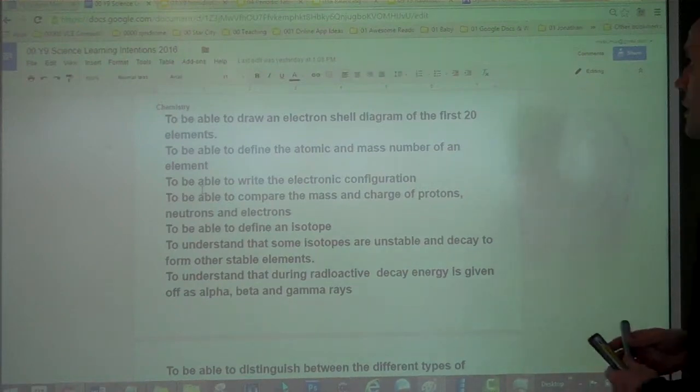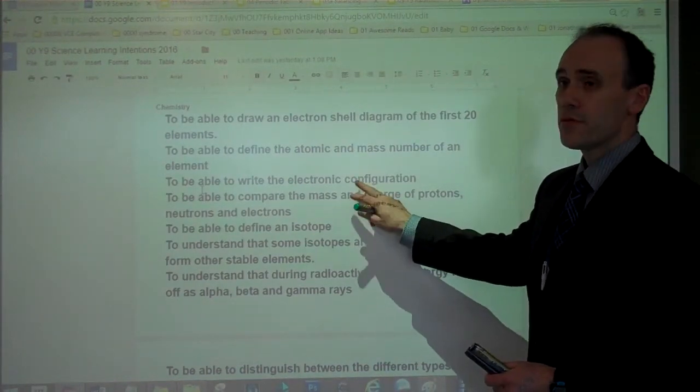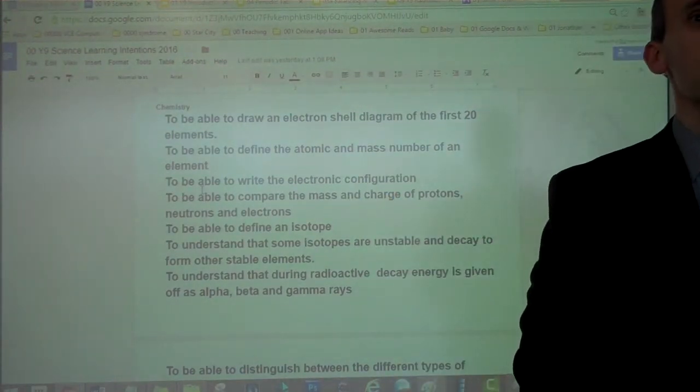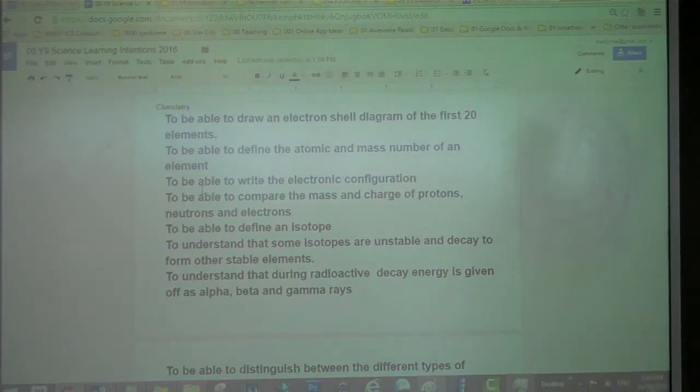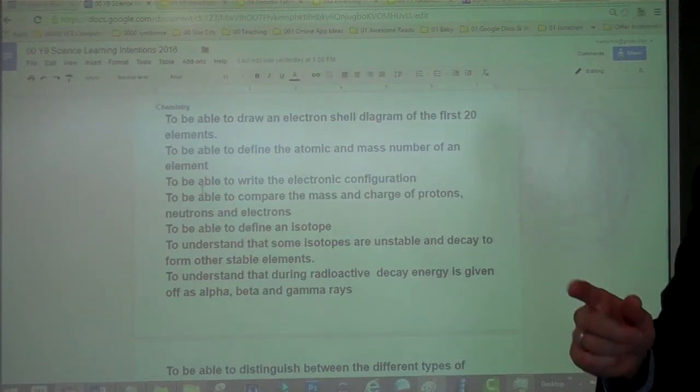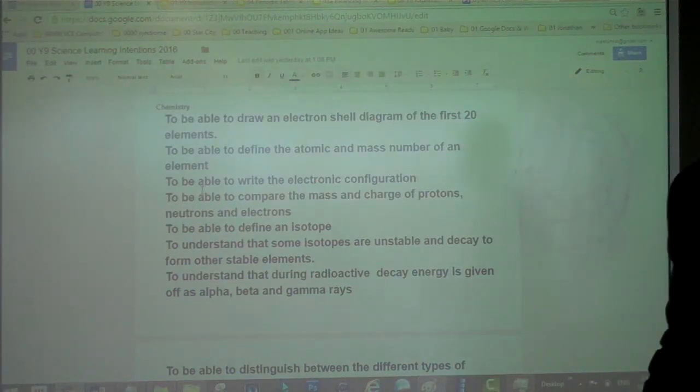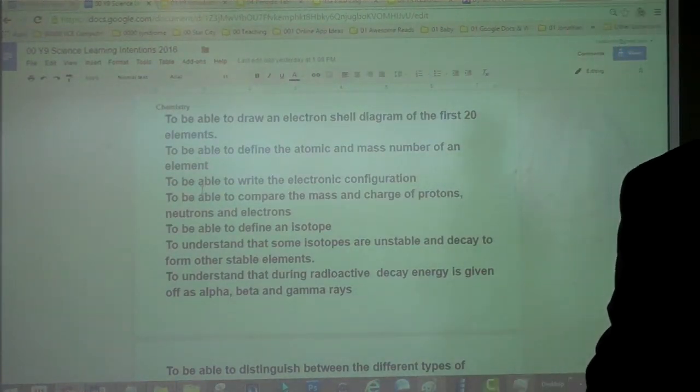Don't make that mistake. Now, electronic configuration is basically the electrons in each of the shells. So if you look on the back of your sheet, you'll see a reference to EC there on the electron transfer diagram.